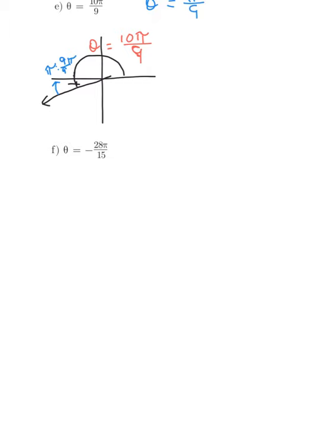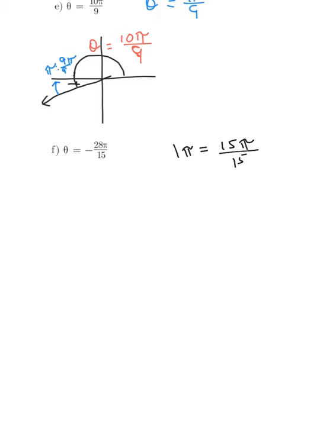Our last example for reference angles has a given angle theta of negative 28 pi over 15. Before we even start sketching this, I want to think about something. 1 pi equals 15 pi over 15.